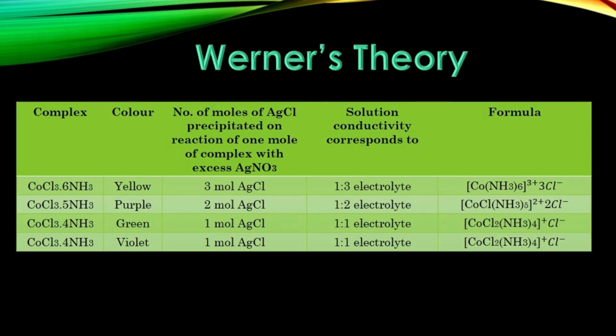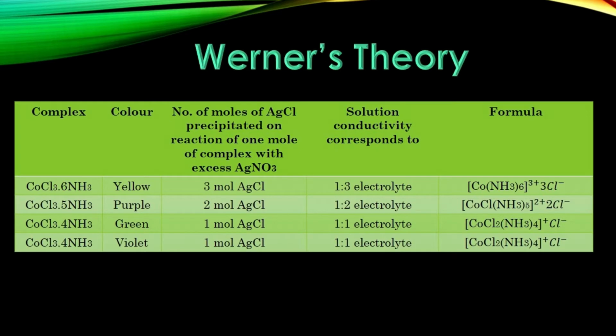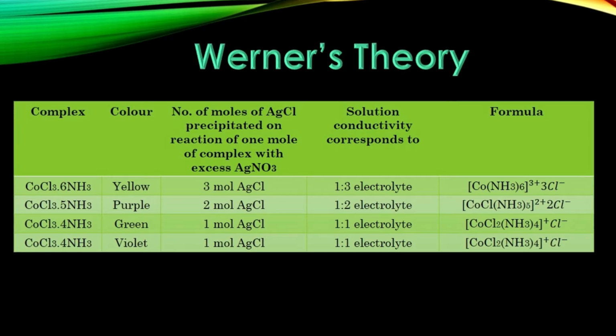Then Werner did the conductance measurement. The measurement of molar conductance of solutions of coordination compounds helps to estimate the number of ions furnished by the compound in solution. By comparing the molar conductance of the solution with those of some known electrolytes, Werner was able to predict the number of ions present in the solution.